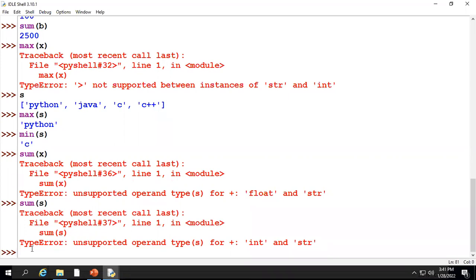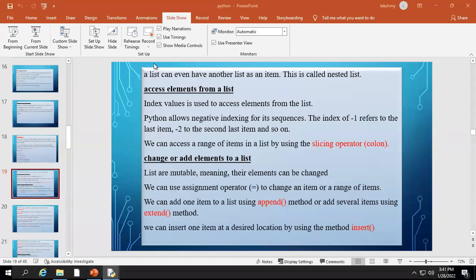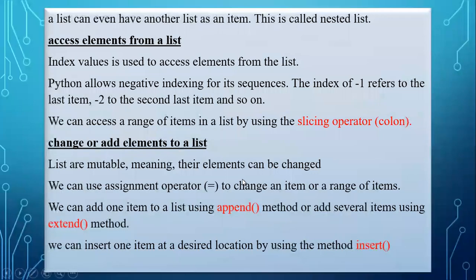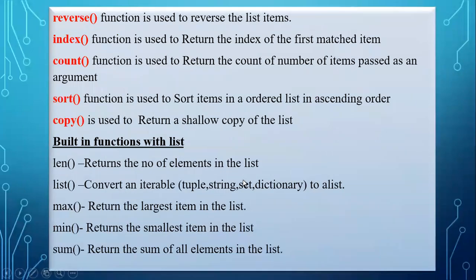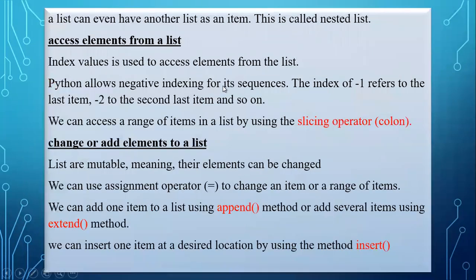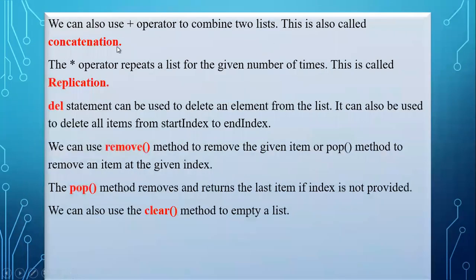Okay, so this is how we are using the list items. And here, some operations we can do. The plus operator I can use to combine two lists. That is called concatenation.